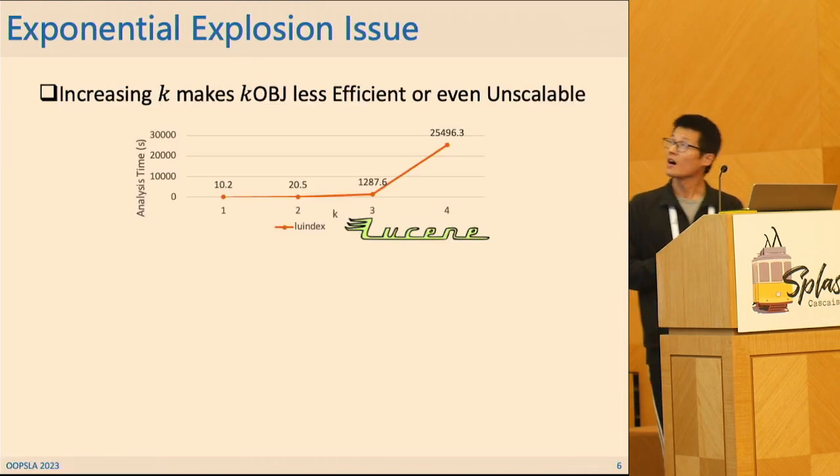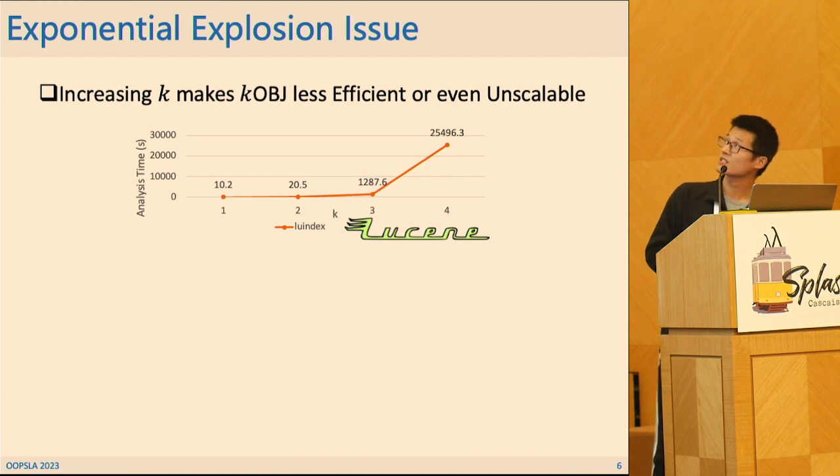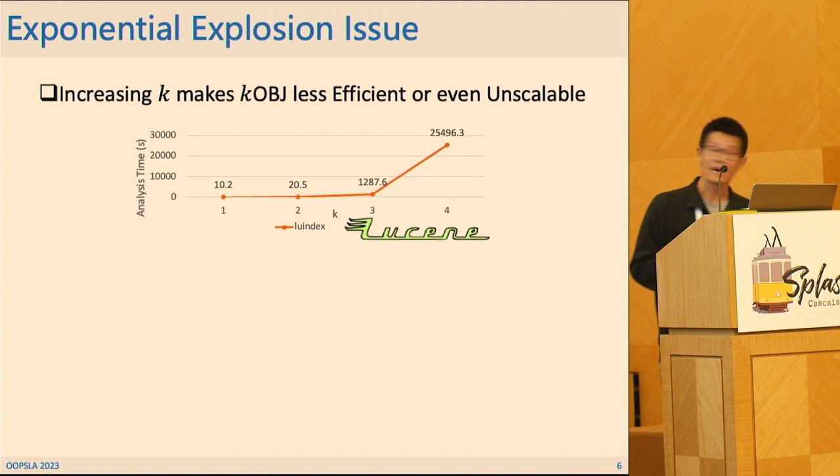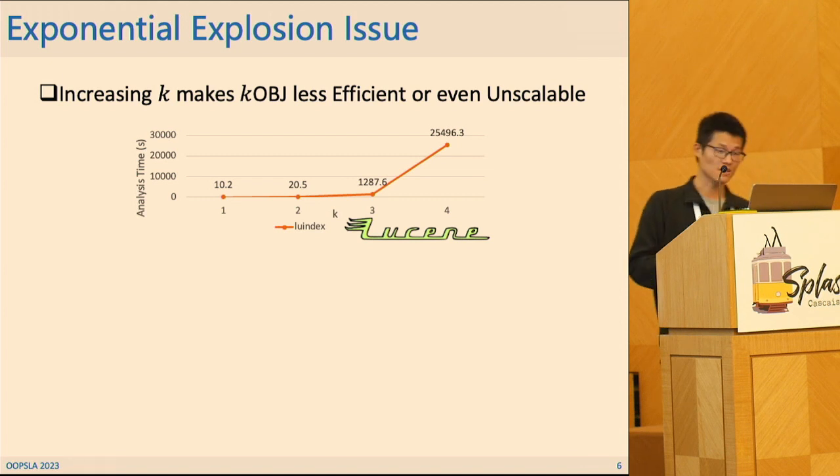Generally, when we increase K, we can improve the precision of the object-sensitive pointer analysis. But it can also make the pointer analysis inefficient or even unscalable. As you can see from this figure, the analysis time of a program called the Index increases exponentially as K increases.